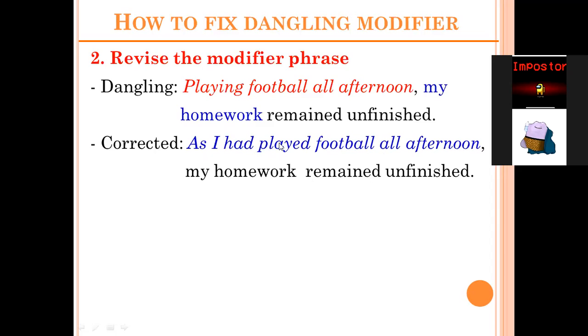So the second way, I just revise my modifier to fit the main clause. I keep my main clause the same, but what I revise is the modifier phrase.